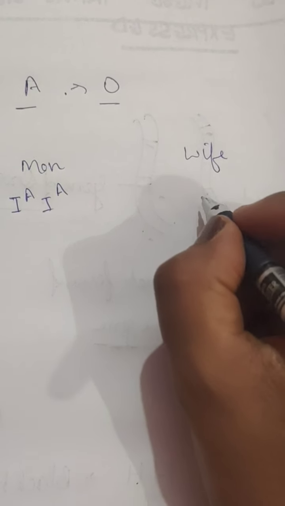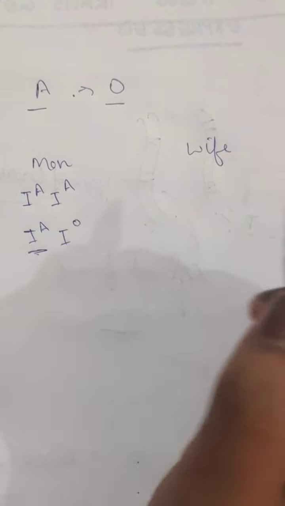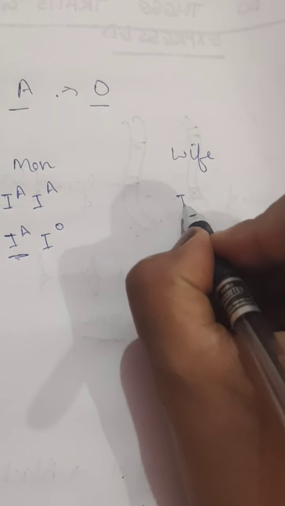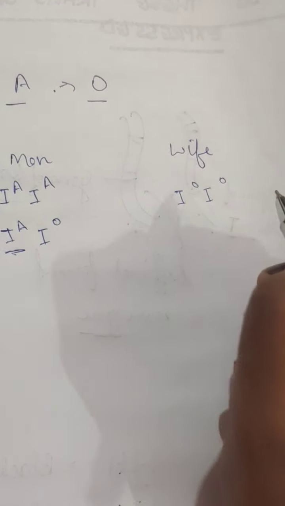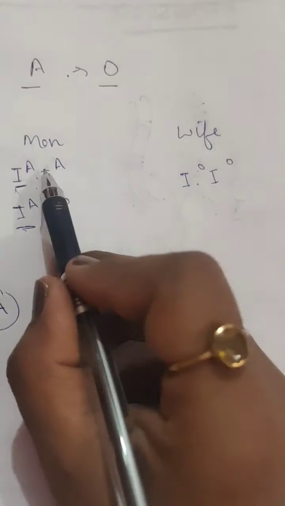Let's say the man's gene combination will be IA and IA, or it can be IA and IO, and the wife will have a combination of IO and IO. In this case, obviously the child will have blood group A, because IA is the dominant gene, so it will dominate O.